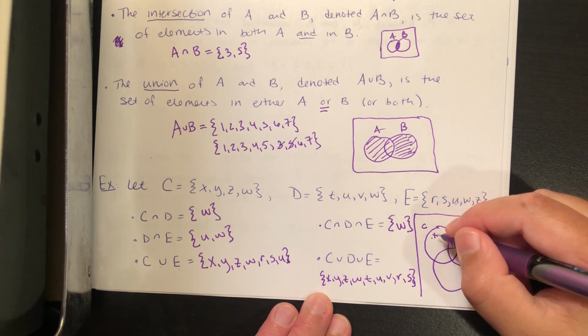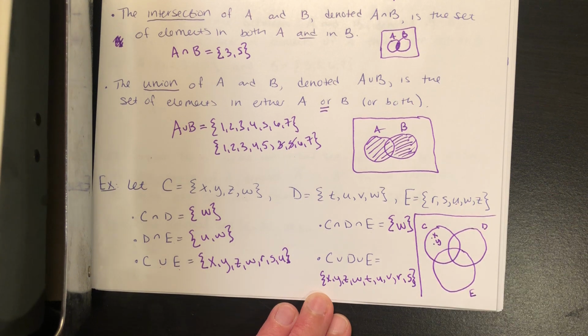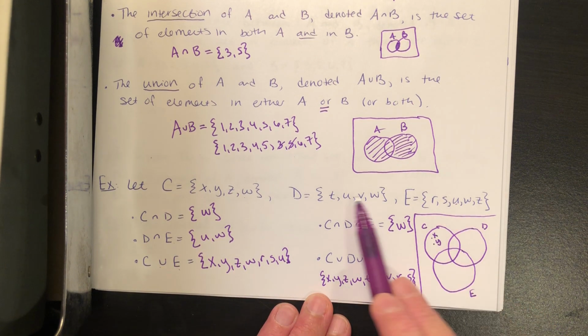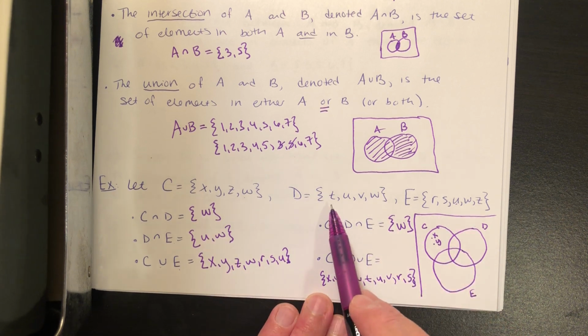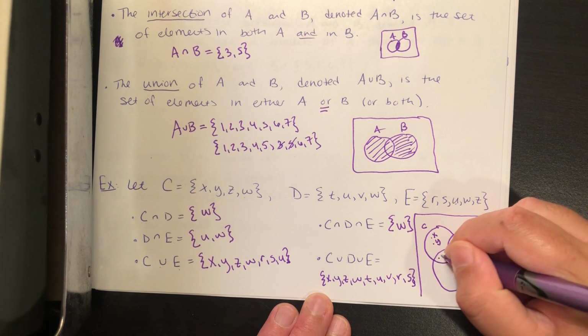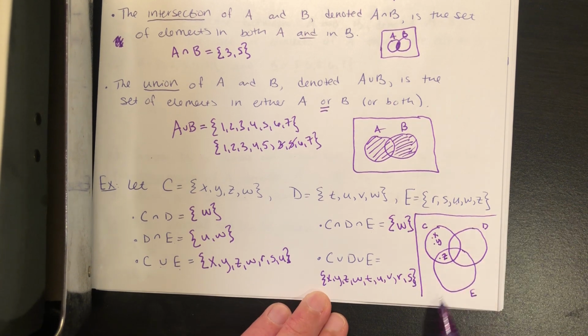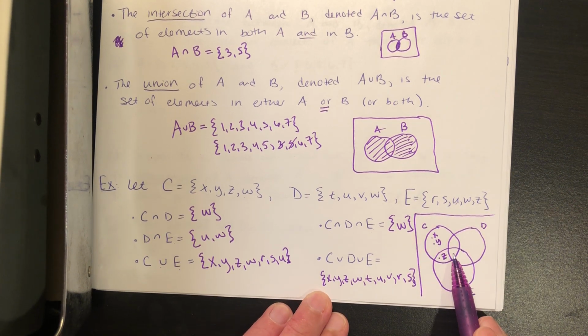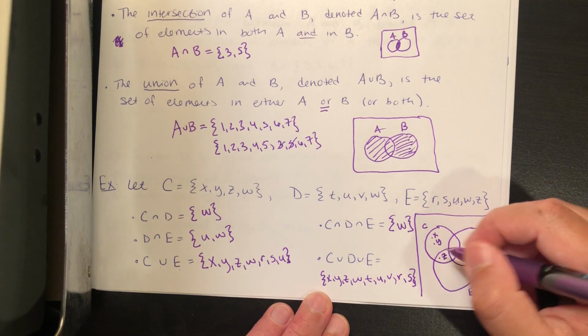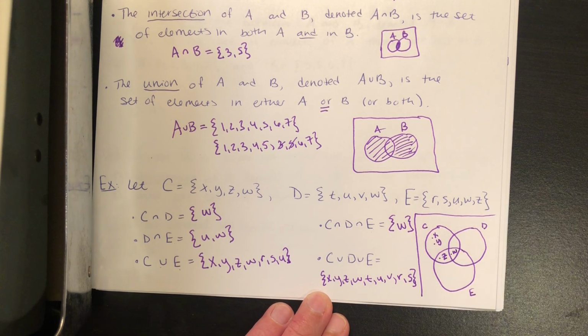Y is an element of just C. Z, we said, was an element of C and of E, but not D. All right, so to be in C and in E but not in D means I have to put it in this spot right here, right? It can't go in the three-way intersection because it's not actually an element of D. But W we said was in all three of these sets, so we'll put W here.